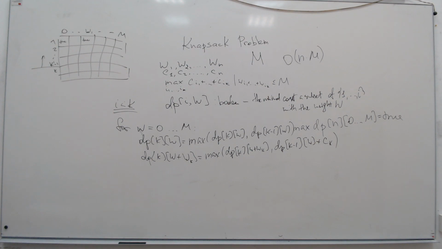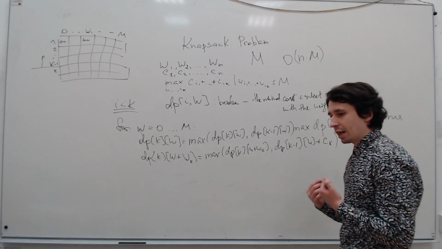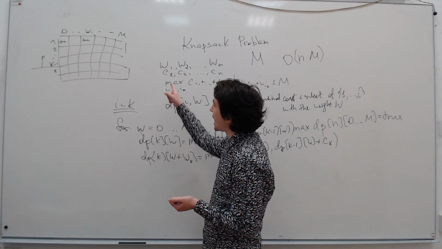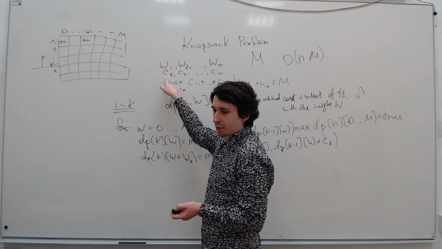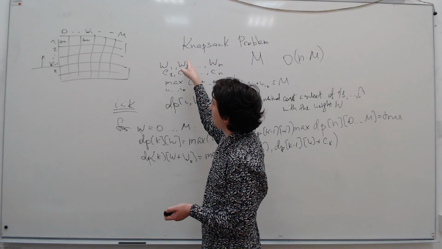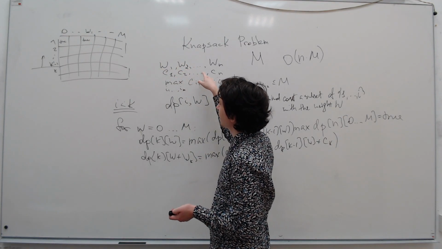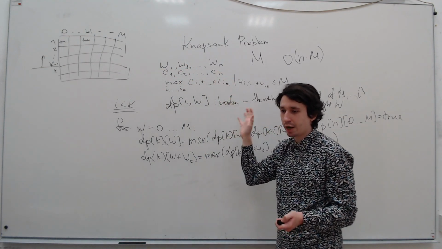Okay, small mind breaking exercise. Suppose that right now we have not the elements, but the types of elements. So we can get how many we want of elements of the first type, how many we want of the elements of the second type, and so on, and how many elements of the nth type.